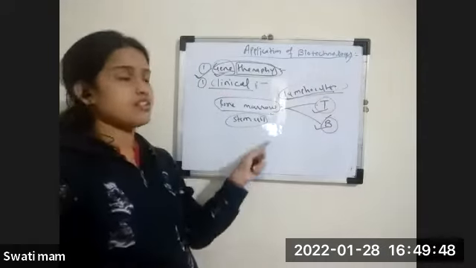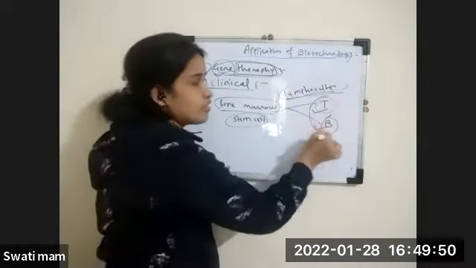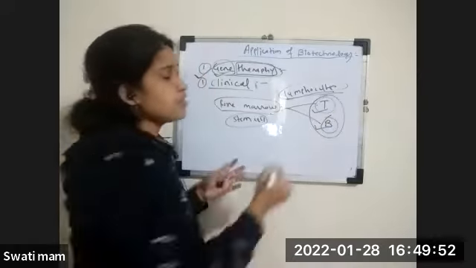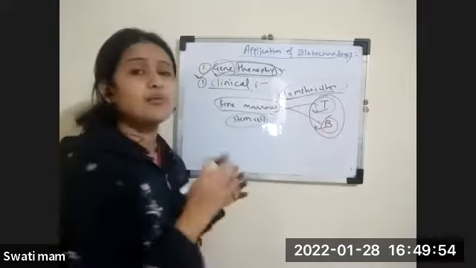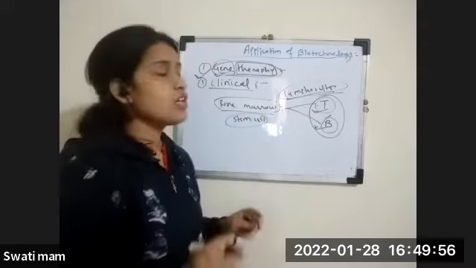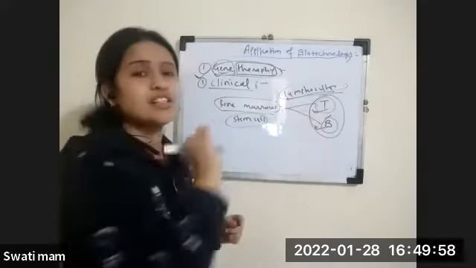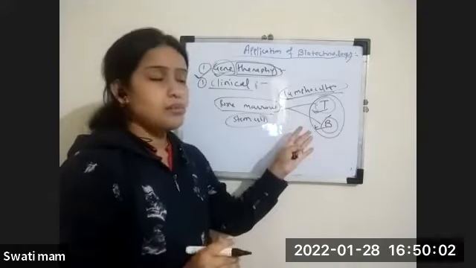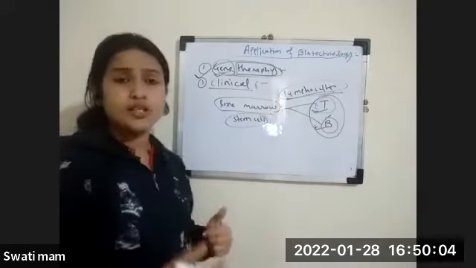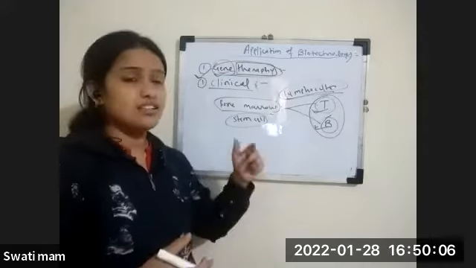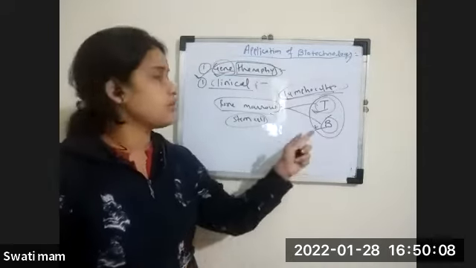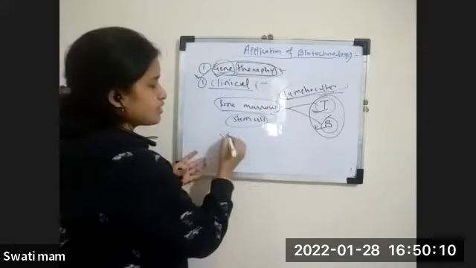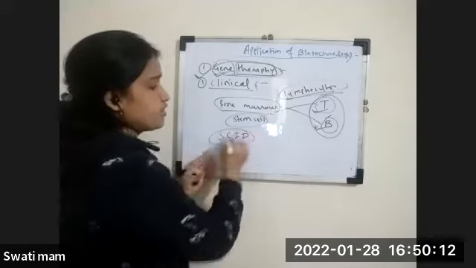In certain cases, when newborn babies are formed, these T and B cells are completely absent. Then the baby has no immunity at all.